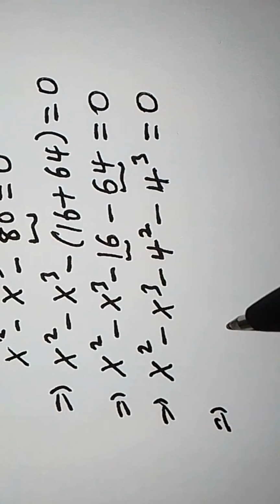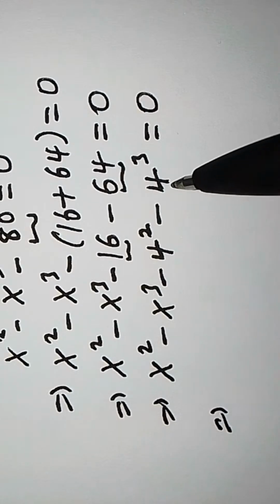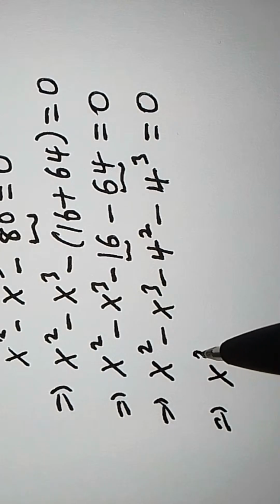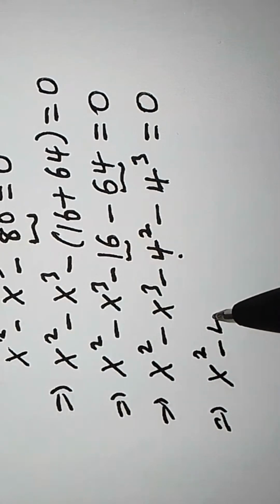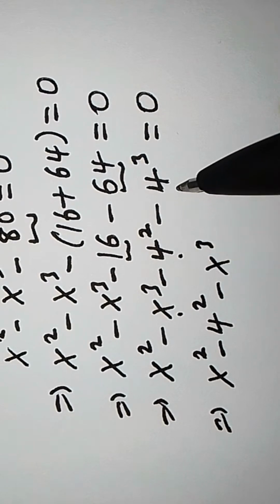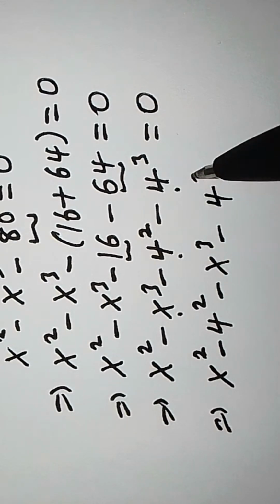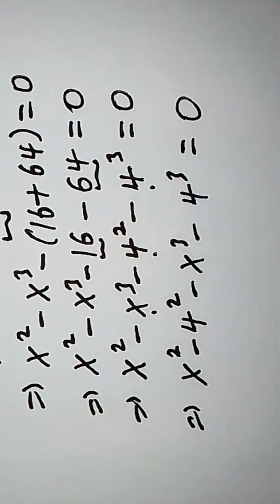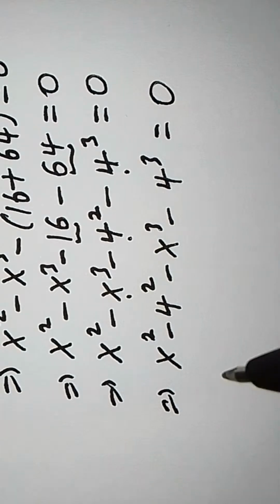This means that let us rearrange this equation. So that will be x squared minus 4 squared minus x cubed minus 4 cubed equal to 0. Let's continue. We can put these guys in brackets.